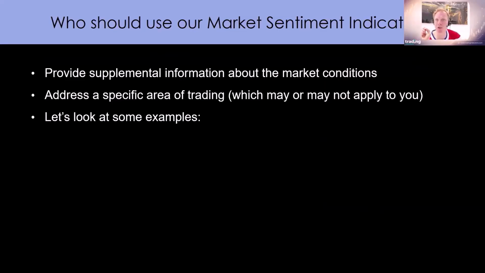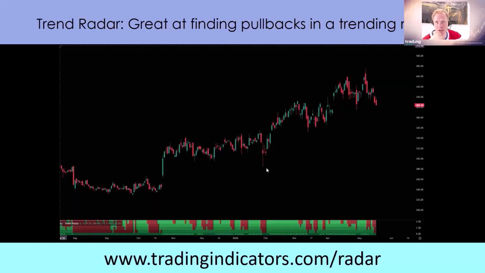And each of them addresses a very specific area of trading, which may or may not apply to you. Some examples. So trend radar, for example, it's really great at finding pullbacks in a trending market. It's awesome. But if you're not a trend trader, if this is not your trading style, if you don't want to wait for pullbacks, you do something else, you're waiting for breakouts, for example, hey, trend radar may not be the indicator for you because that's not what the indicator is designed to do.